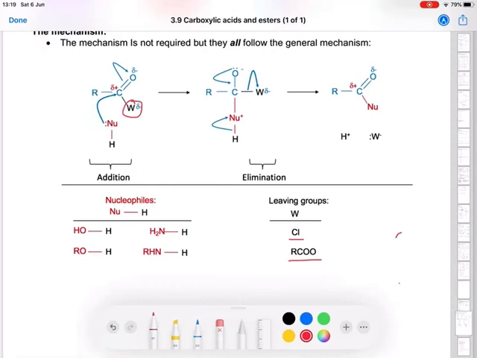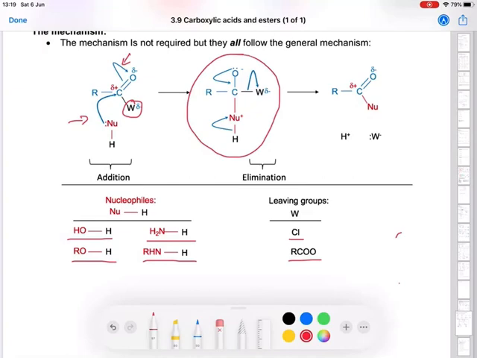That's always what leaves. In terms of our nucleophile, it's one of four, isn't it? It's either water, alcohol, ammonia, or an amine. So the mechanism is identical.